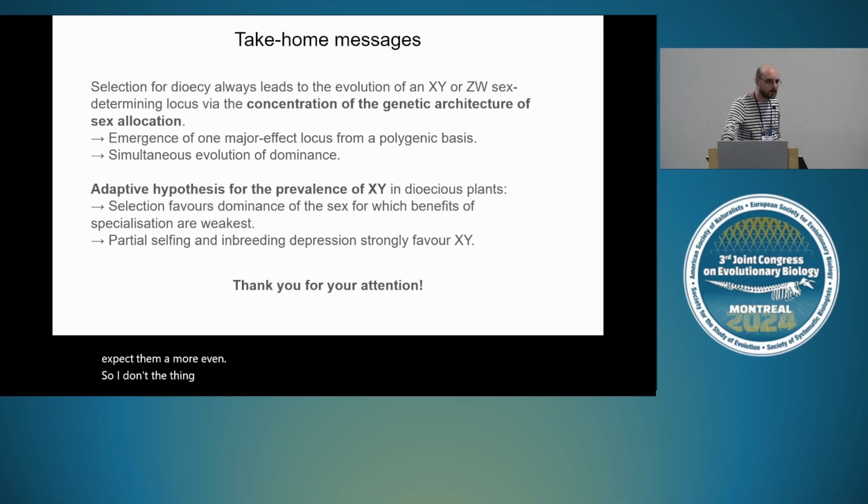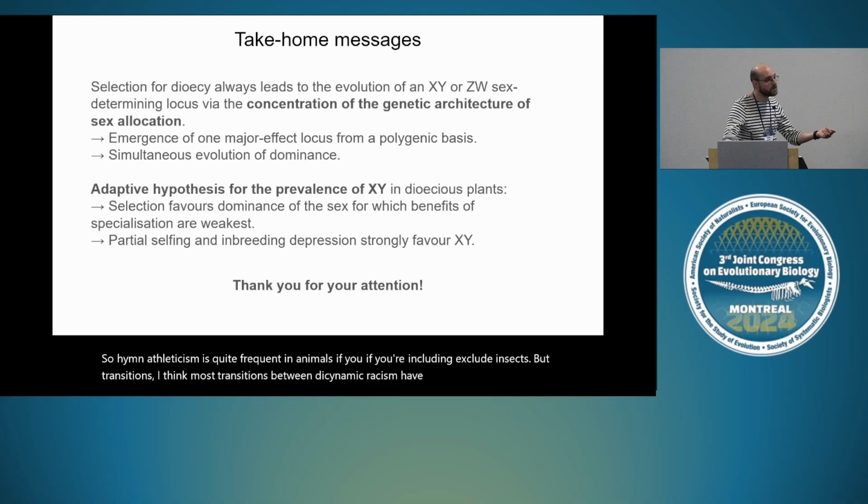The thing is, hermaphroditism is quite frequent in animals if you exclude insects, but I think most transitions between DIEC and hermaphroditism have been towards hermaphroditism rather than from hermaphroditism to DIEC. So actually we have relatively few transitions to work with. And I don't think people have looked specifically at this question because I don't think there is the same history of looking at sexual systems in the animal world compared to the plant world.